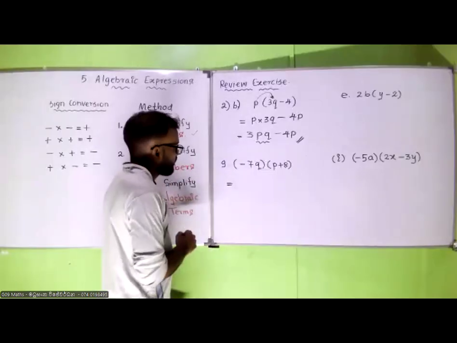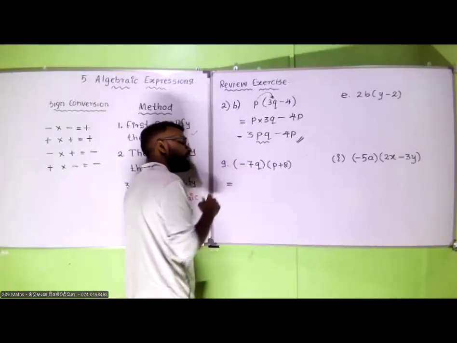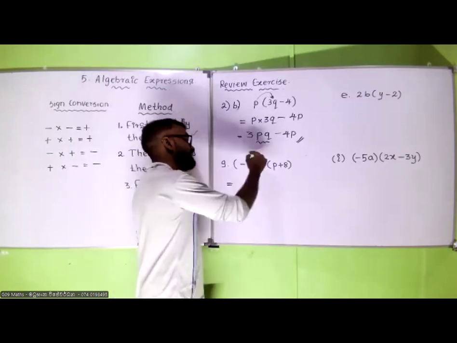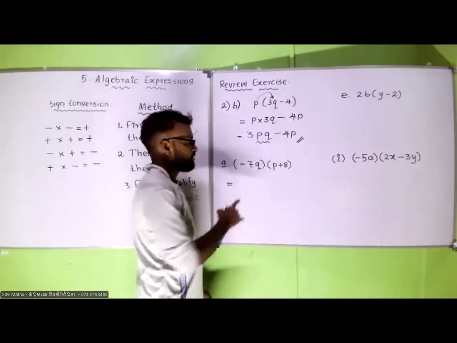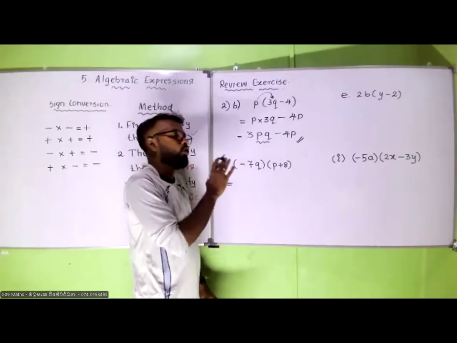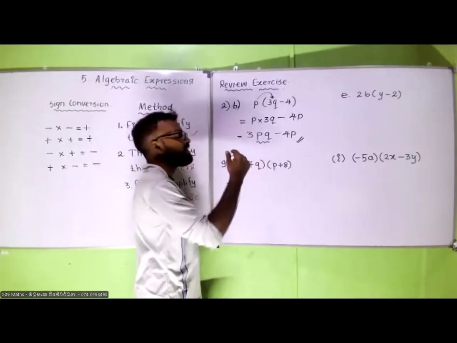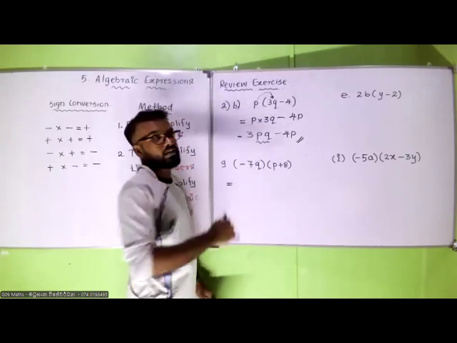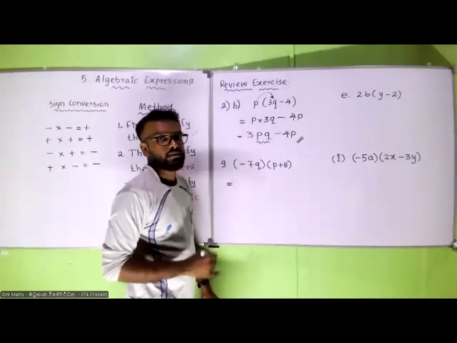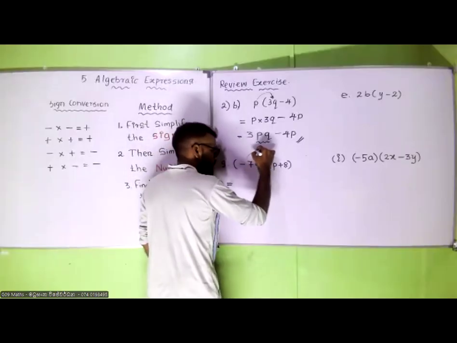First of all, this is a negative term, so it is inside the brackets. Negative 7q, the whole term is negative, so it is inside the bracket. First of all, I am going to simplify these two.